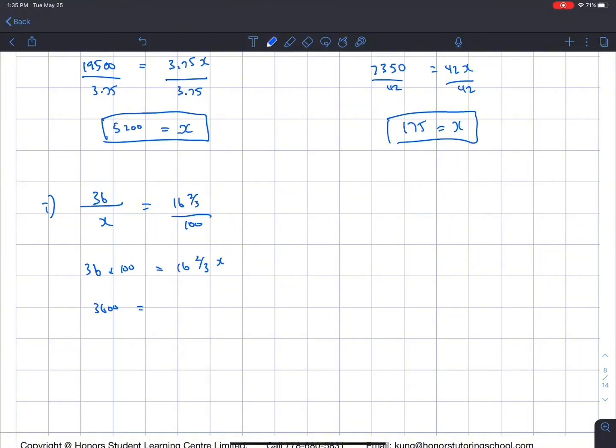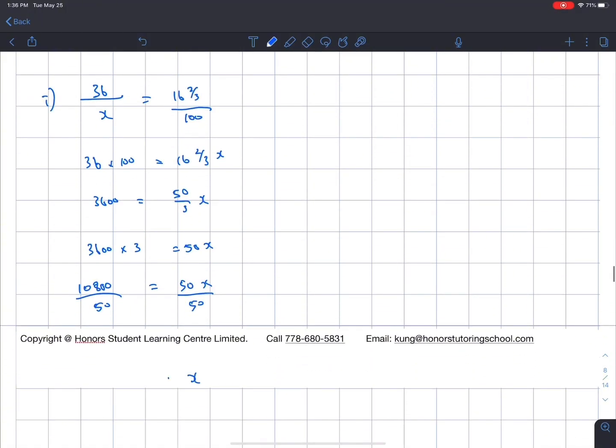So 16 and 2/3 is the same as 50 over 3. And then we can cross multiply again. We get 10,800 equals 50x, and then just divide both sides by 50. We get x equals 216.